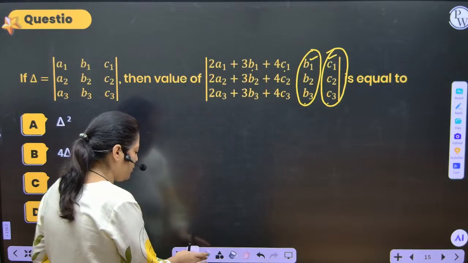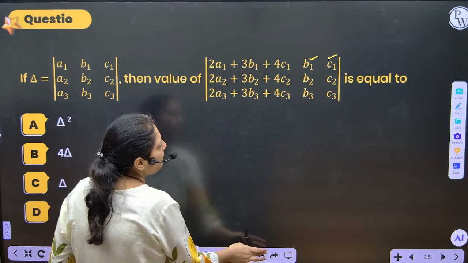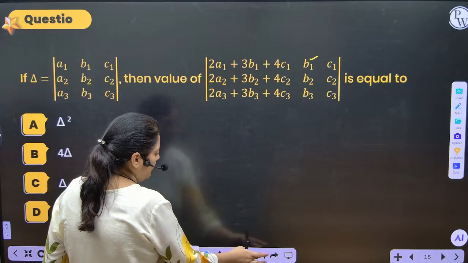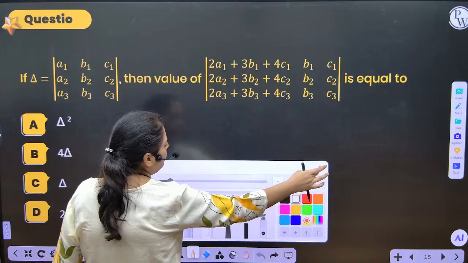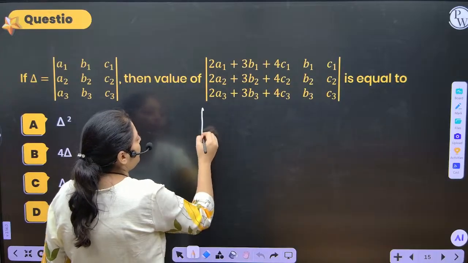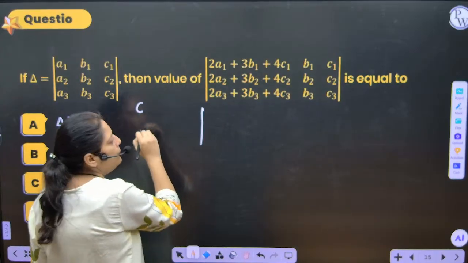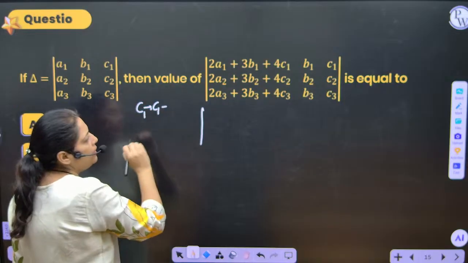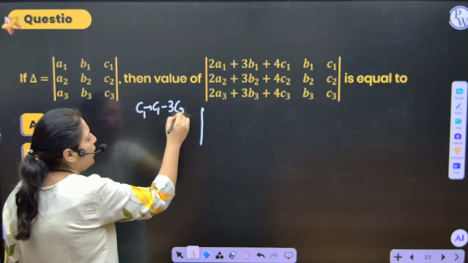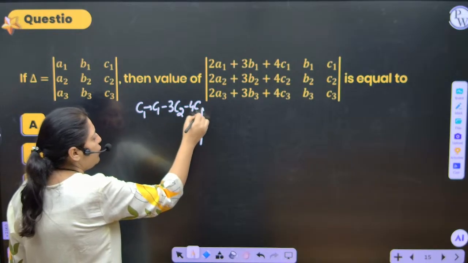So what I'm going to do is, in column 1, I am subtracting 3 times column 2 and 4 times column 3.